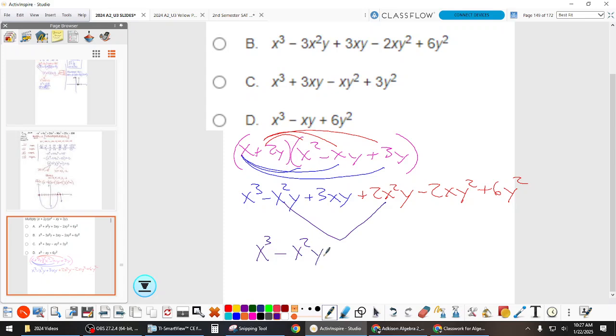What comes next? In terms of standard form order, what would you do next? Yeah, this should be plus. Is that what you're worrying about? Yeah, it should be plus. Sorry about that. Okay, what comes next?